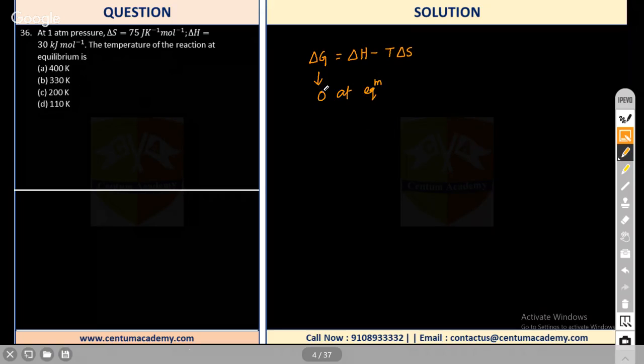That is the only thing you have to know to solve this question. So T is equal to delta H divided by delta S. Both values are given in the question. And once you solve this, you will get 400 Kelvin.